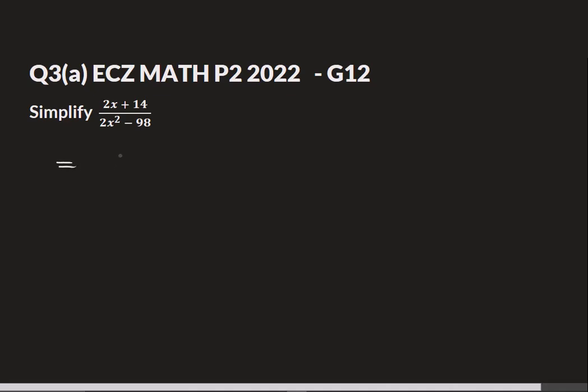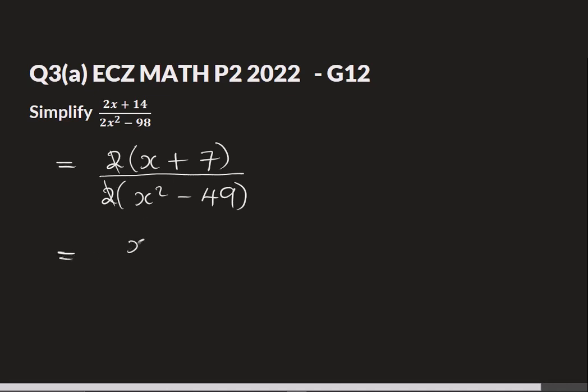You can see even in the numerator we can factor out a 2, giving us 2x plus 7. In our denominator we also factor out a 2, leaving us with x squared minus 49. Now you notice the 2's here can cancel out, and our expression already looks a bit more simple.